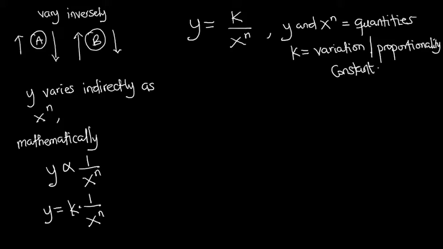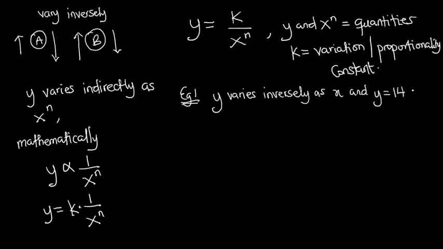Let's have a look at a simple example to see how we apply this to solve a question. Example 1. Assuming we have y varies inversely as x, and y is equal to 14 when x is equal to 3.